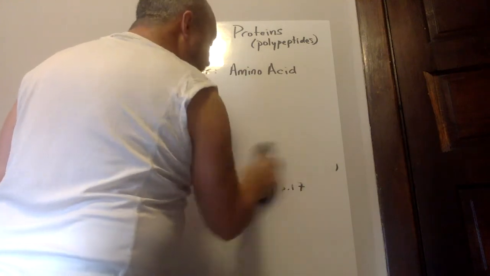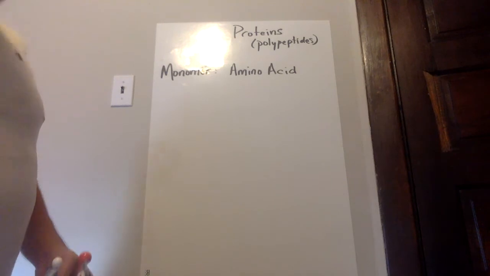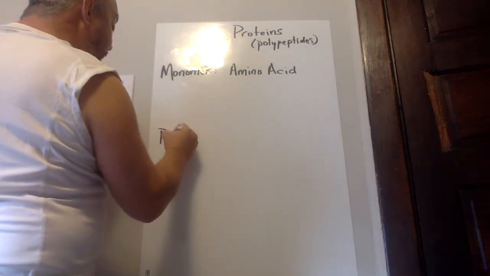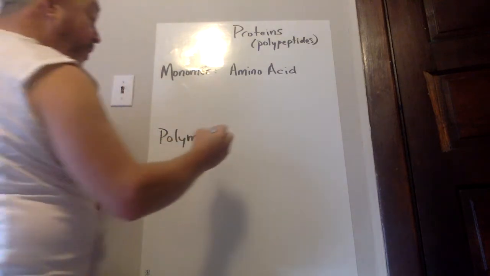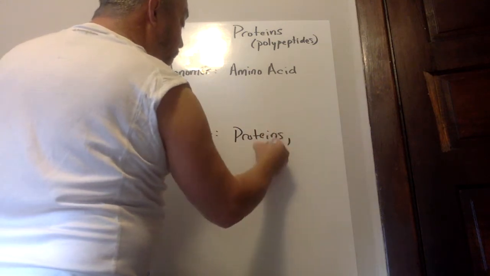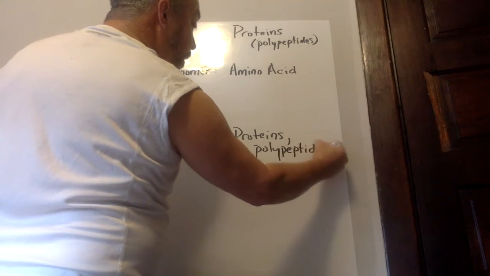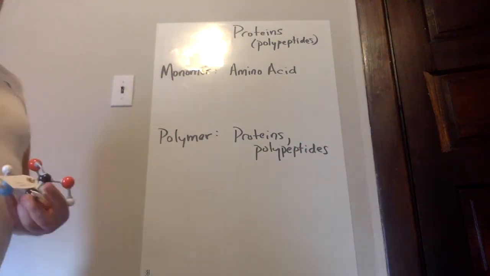So if I put together a string of amino acids, I will create a protein or a polypeptide. So the name of the polymer given to proteins is also the name of the group. So proteins or polypeptides are the names of the polymers.